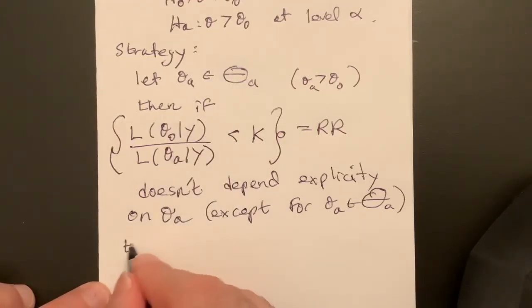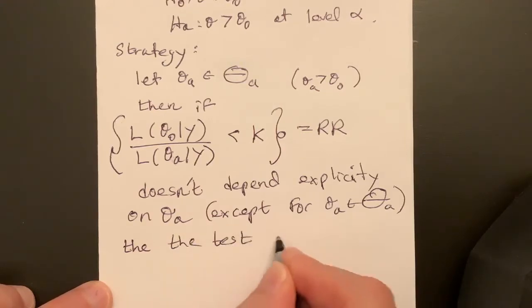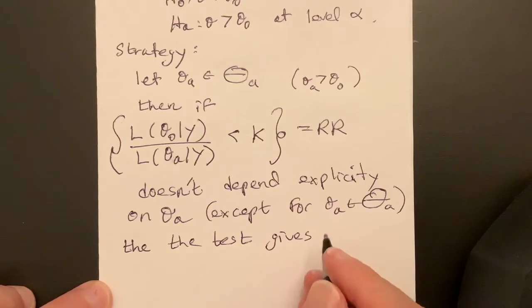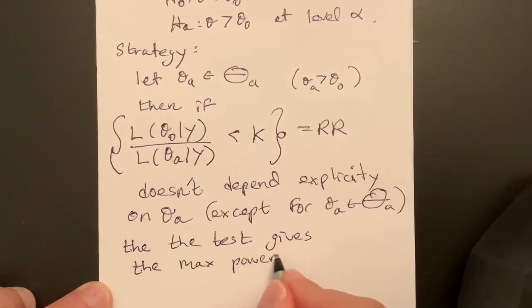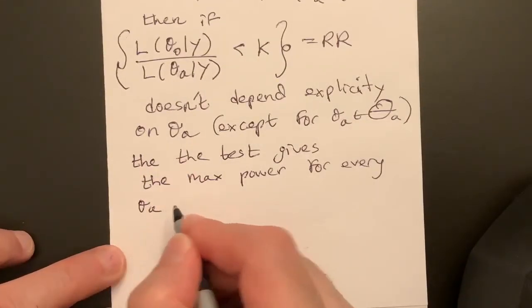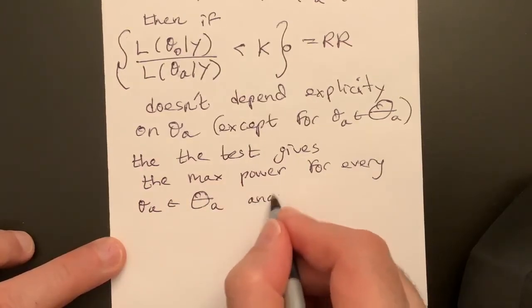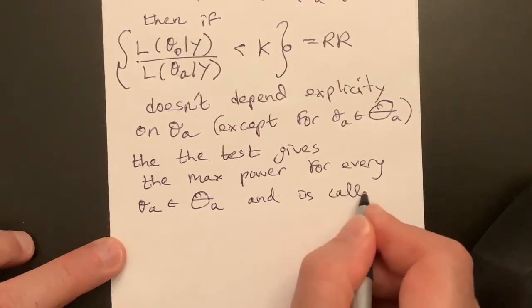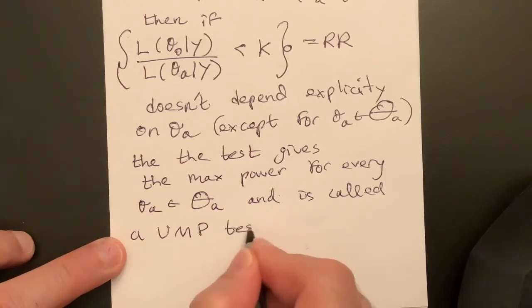So then the test gives the maximum power for every theta A in the alternative, and is called a UMP test.